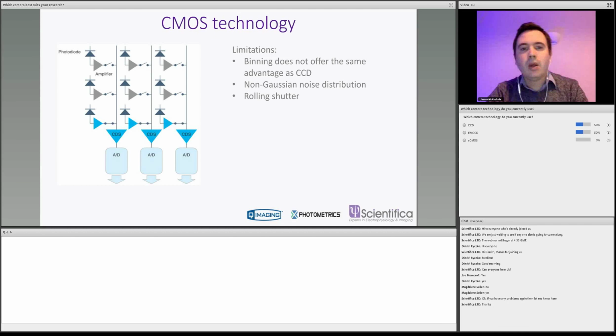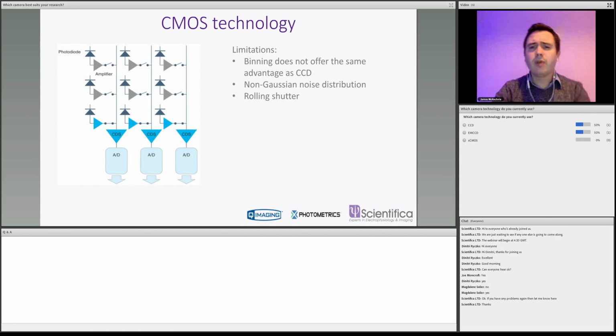You also tend to have a non-Gaussian noise distribution, which, if you were just taking a picture, like the webcam in my computer, which is going to be using a CMOS sensor, I don't suppose it matters. But if you really want to make measurements close to the noise and understand what's going on, then it's a very different aspect compared with a CCD.